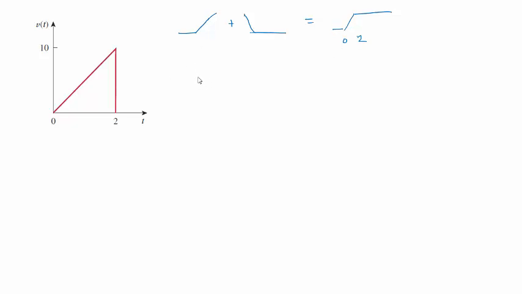So this is a ramp at 0, and this one is a, oh, and what's the amplitude of it? It's the slope, right? So I have 10 and I have 2, so the slope is 5. And then we want to negate that, so it's going to be a minus 5 ramp at time equals 2. And then we get that result, correct?